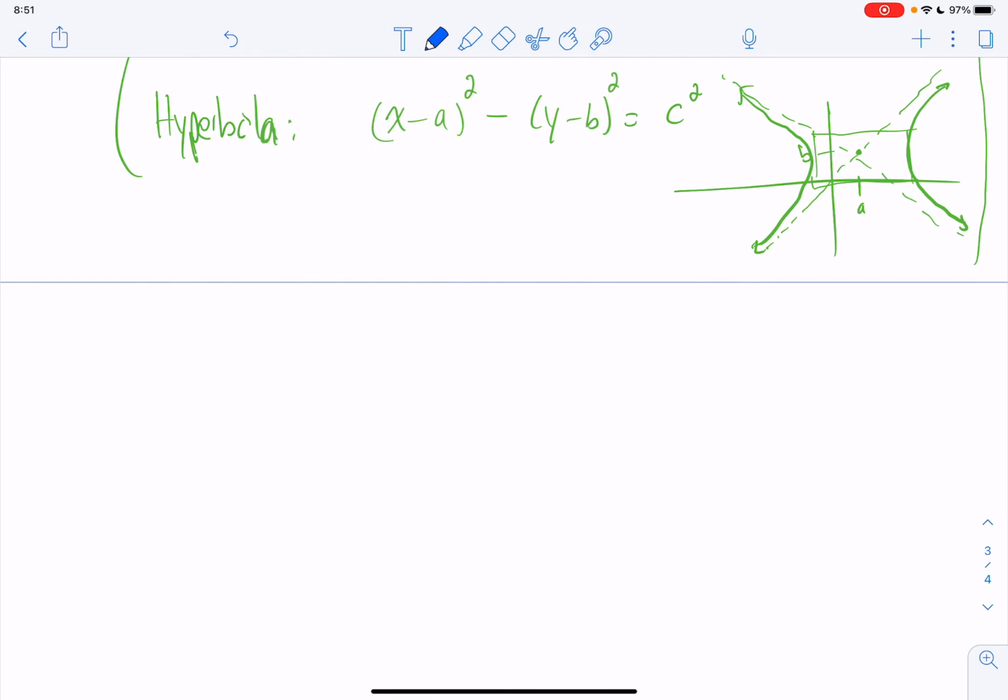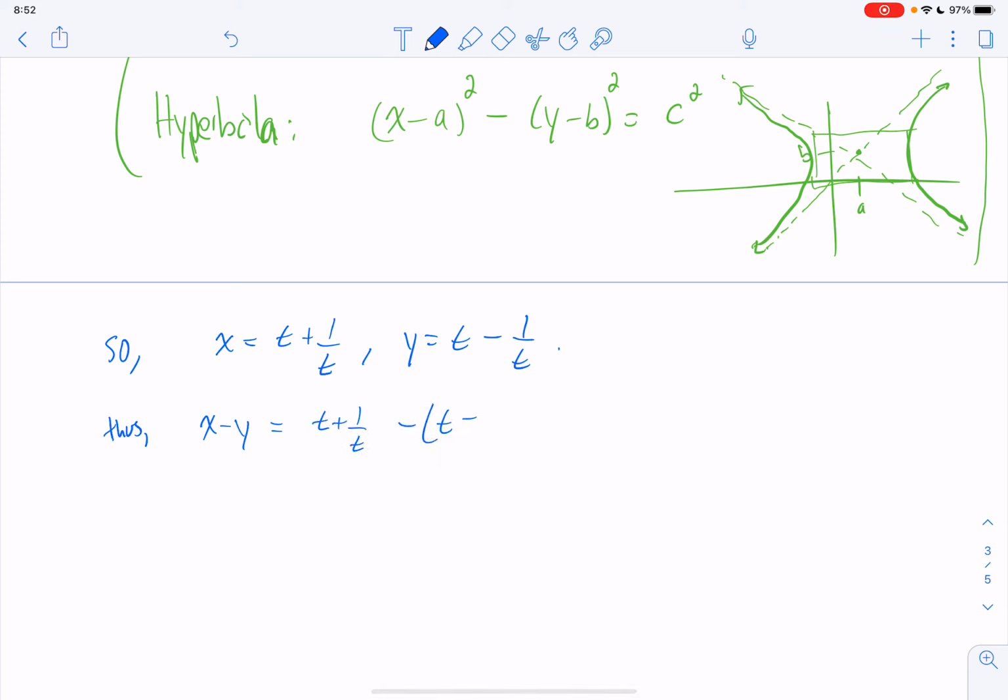Take a look at this. So note here that we have that x is equal to t plus 1 over t, and y is equal to t minus 1 over t. Thus, consider the following computations. On one hand, we know x minus y is equal to t plus 1 over t minus t minus 1 over t. So the t's cancel, and I'm going to be left with just a 2 over t.